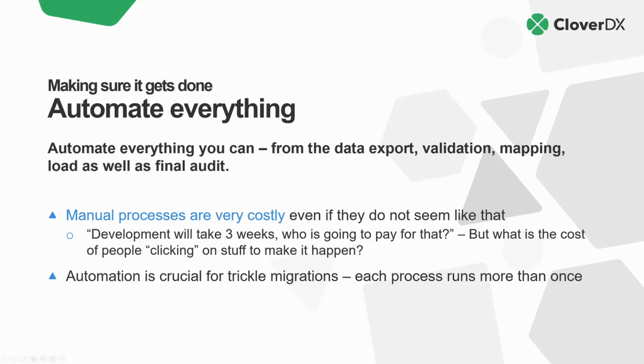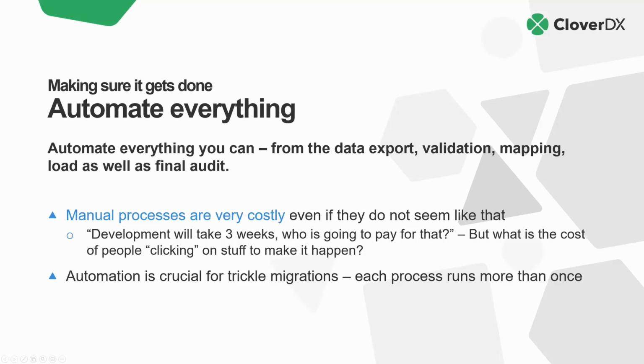If you have people clicking somewhere in the environments and doing the stuff, that's not very safe. It's not testable. You cannot test it up front. You cannot test people up front, right? So instead, if you have pipelines set up and the process in general is completely automated, you can test it up front.